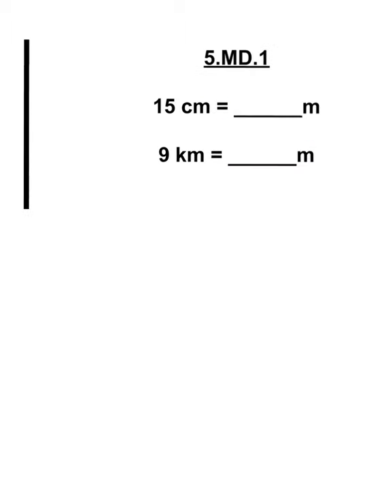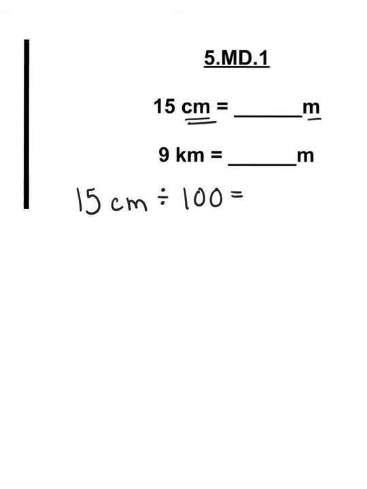Okay, for this next problem, we're going to be converting centimeters to meters. So when we convert centimeters to meters, we're going from a smaller unit of measurement to a bigger one. Fly to horse, divide, of course. So I'm going 15 centimeters divided by 100 centimeters in each meter.